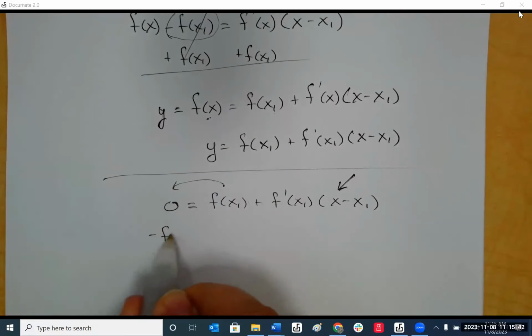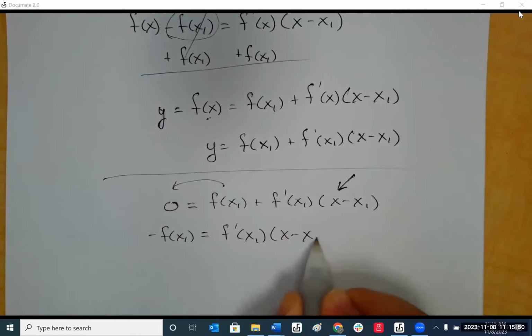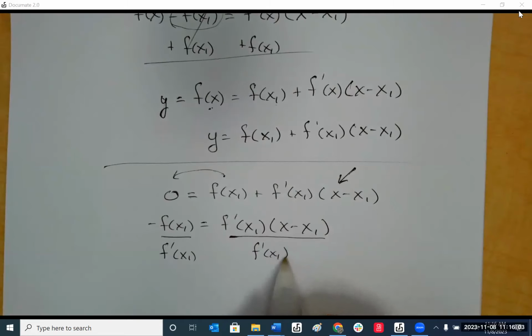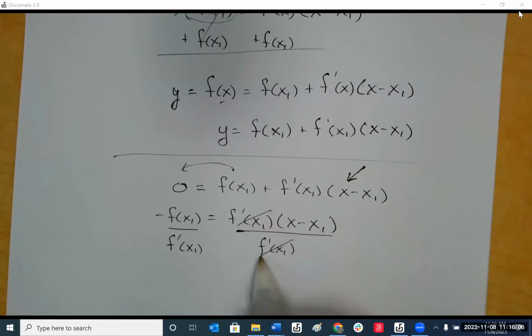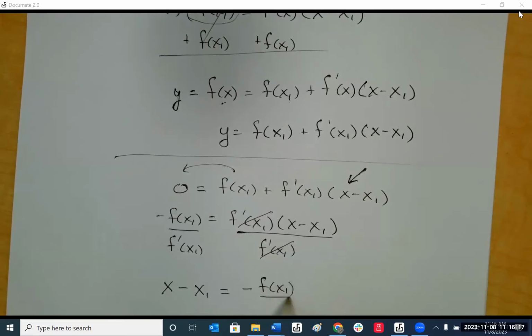So we have negative f of x1 equals f prime of x1 times x minus x1. Divide both sides by f prime of x1. Those cancel. So we have x minus x1 equals negative f of x1 over f prime of x1.